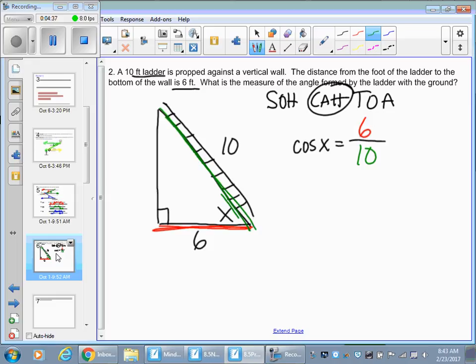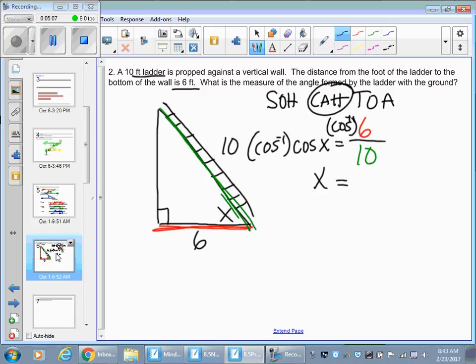So now we have to do the math. That means we have to do the inverse, the inverse of cosine. So that will get us x equals something.